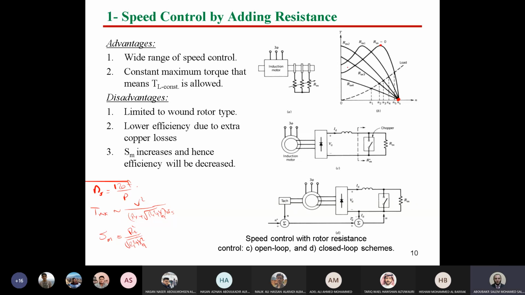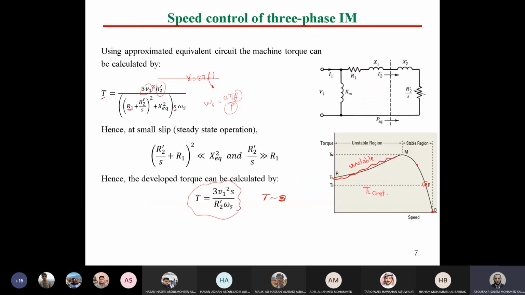Third point is T at starting. Let's move again to the relation of torque. Here what we have. If you have S equal to unity, this is at starting. Right or wrong, guys? Correct? Yes. At starting S equals 1.